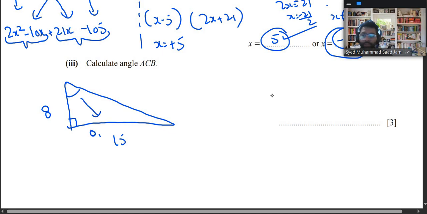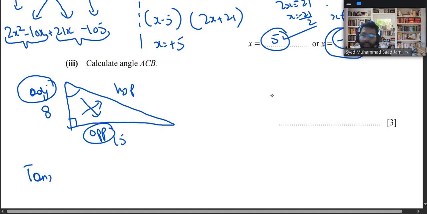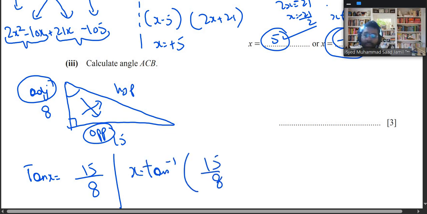This is opposite, this is hypotenuse because it is opposite 90 degrees, and this is adjacent. Adjacent and opposite come in tan, TOA. So I will say tan x is equal to opposite, which is 15, upon adjacent, which is 8. x is equal to tan inverse 15 upon 8.